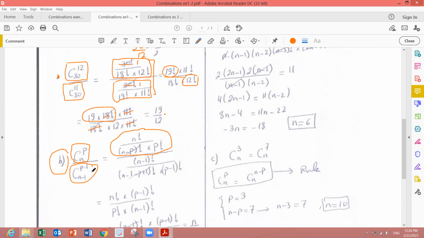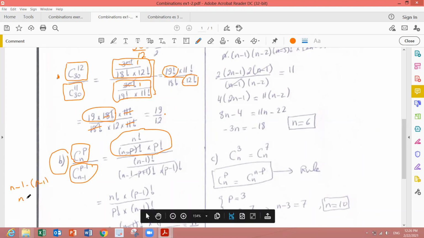Their difference هو بيصير N minus 1 minus P minus 1، بتصير N minus 1 minus P plus 1 مثل ما كتبتها هون. ال1 وال1 1 minus 1 0 بضل N minus P factorial.